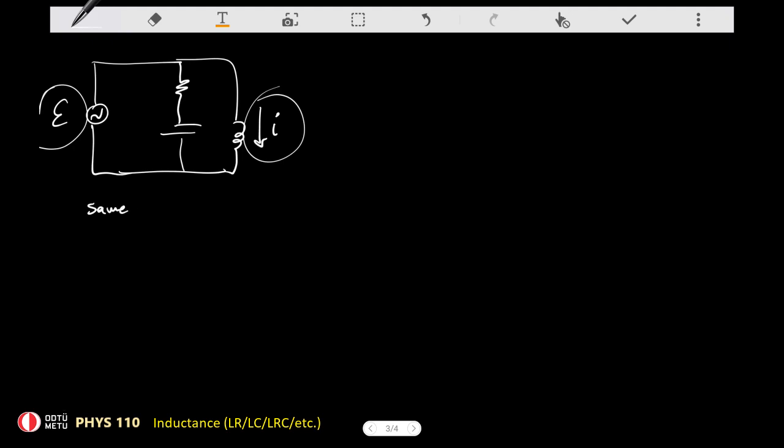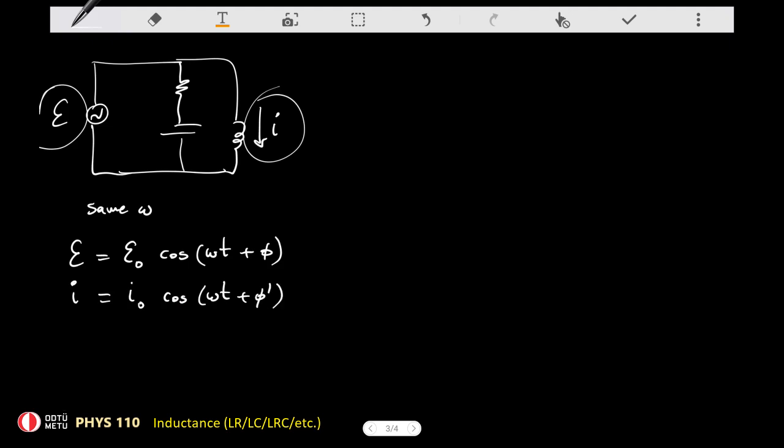So omega is going to be the same, but they might have a different phase. So we might have a situation where the EMF is basically cosine of omega t plus phi, and the current is I0 times cosine of omega t plus phi prime, let's say, right?